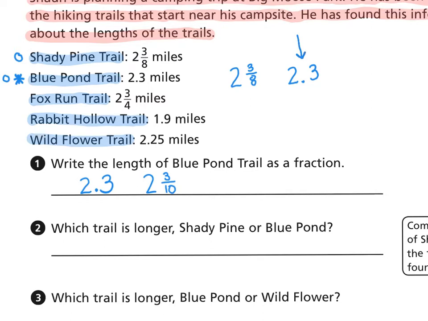Now, Addison just told us that as a fraction is going to be 2 3/10. So if I'm comparing 2 3/8 with 2 3/10, which trail is longer? Shady Pine or Blue Pond?